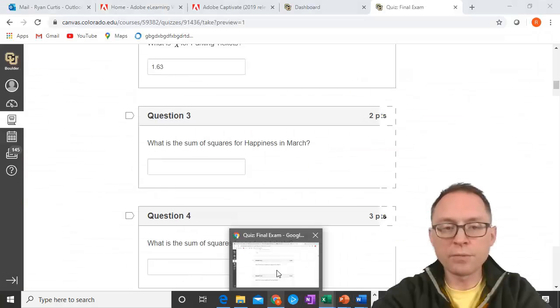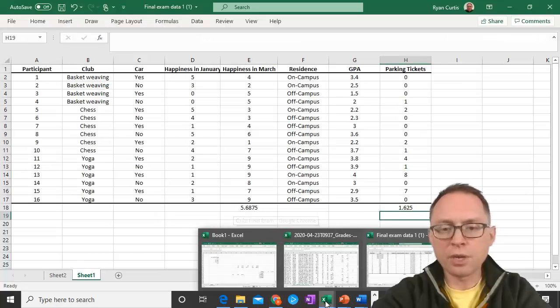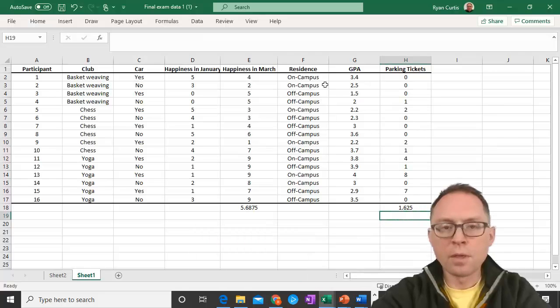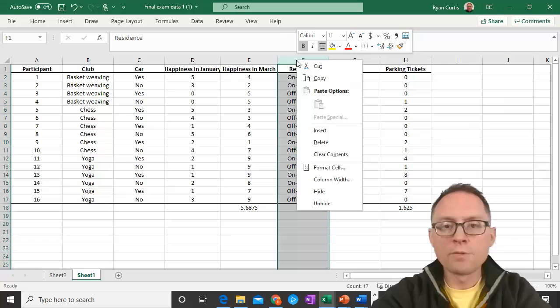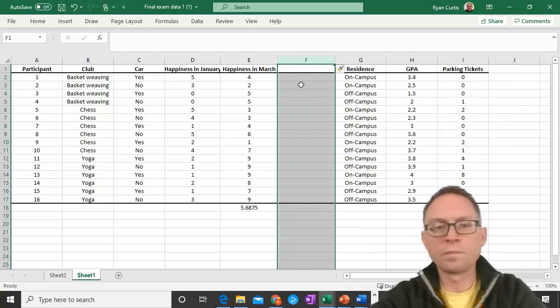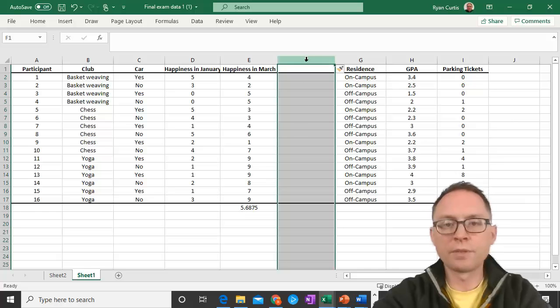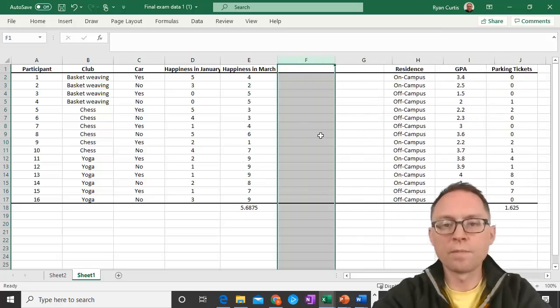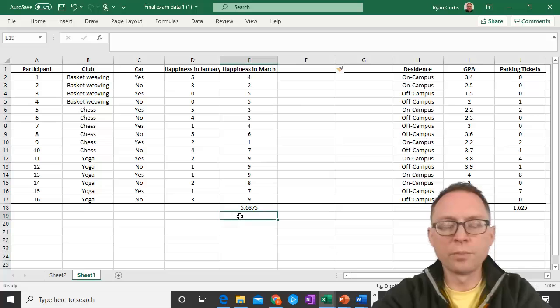So remember, we're doing the sum of squares for happiness in March. Let me show you the easy way and the hard way. I'm going to insert something here just because we're going to have to square some stuff. So I'm going to insert some more. There we go. Make some room.